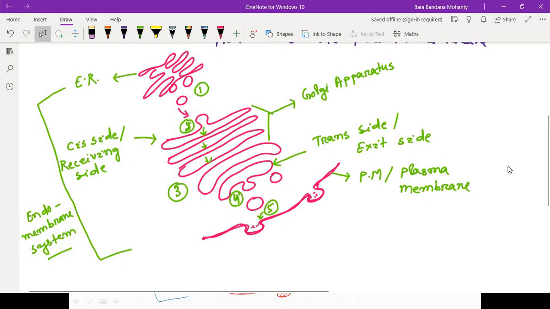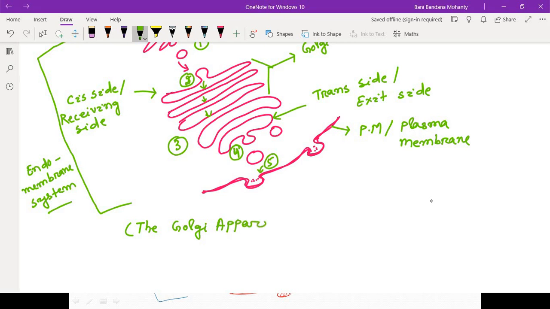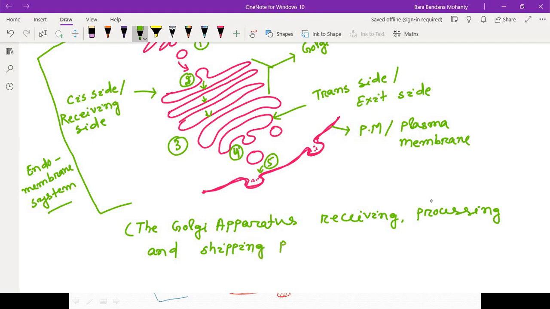What happened? The vesicles bud off, that is, they detach. The process I am writing here: the Golgi apparatus receiving, processing, and shipping products.